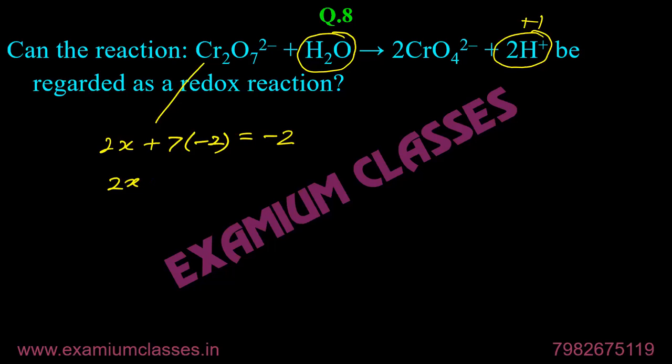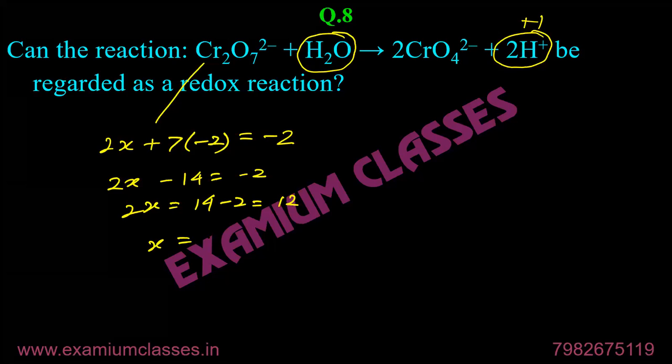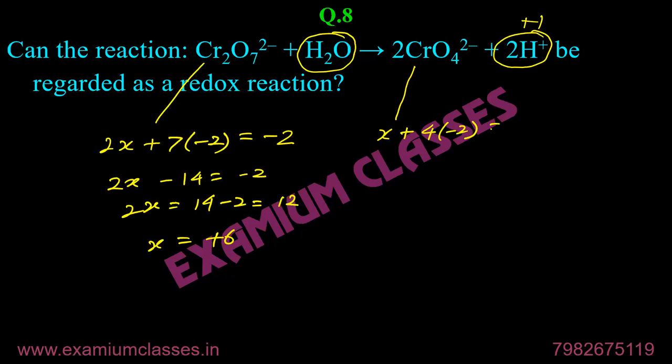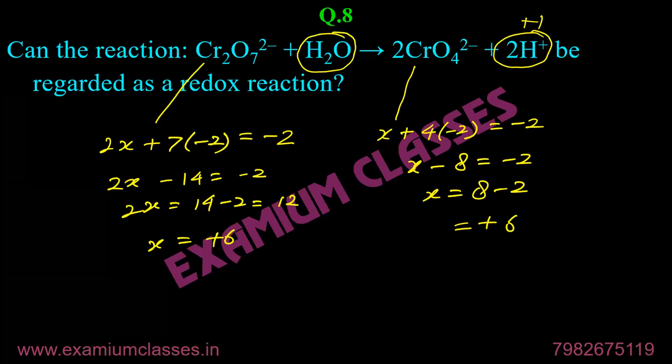So here 2x minus 14 equals minus 2, 2x equals 14 minus 2, x equals plus 6. Now here also calculate: x plus 4 times minus 2 equals minus 2. x minus 8 equals minus 2, x equals 8 minus 2, that is plus 6.